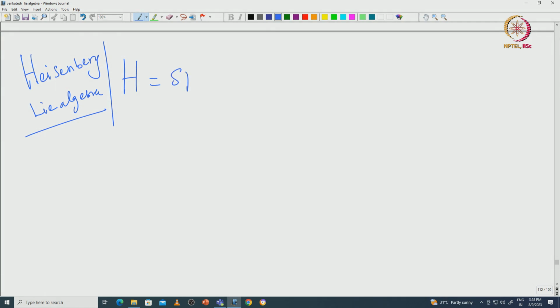definition. So, you take these 3 by 3 matrices which are spanned by E12, E23 and then E13. So, this is inside M3C. So, you take H to be this.